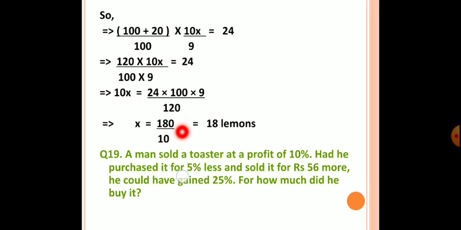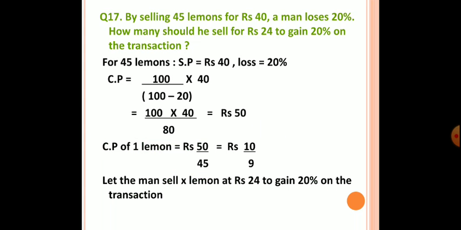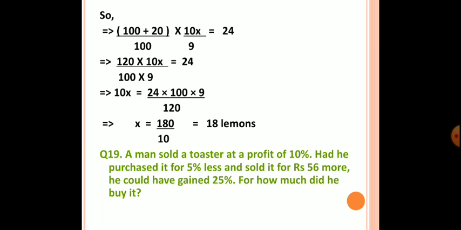Solving this further, we get 10x equals 180. Therefore, x equals 180 divided by 10, which is 18 lemons. Therefore, by selling 18 lemons at rupees 24, he can gain 20% on the transaction.